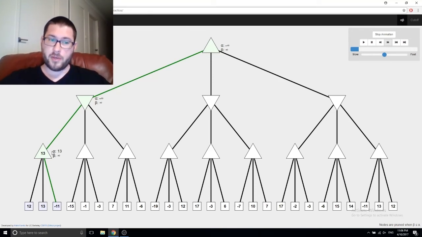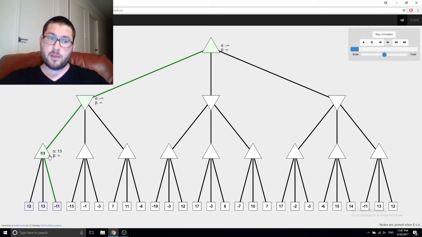Now, probably the most difficult thing to understand about alpha beta is the fact that the maximizing nodes return their alpha value to their parent nodes. But the parent nodes, because they're minimizing nodes, are updating their beta value. Okay? So they're trying to push their beta value down.